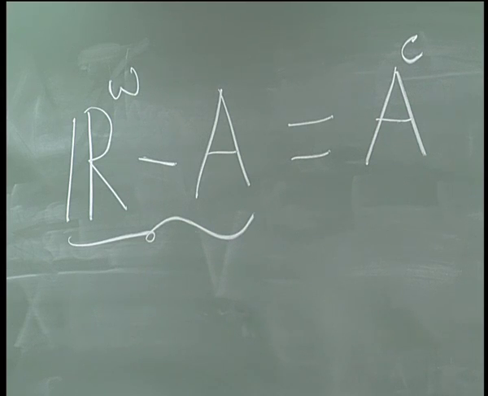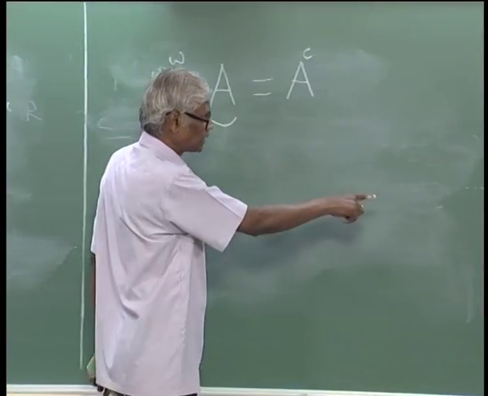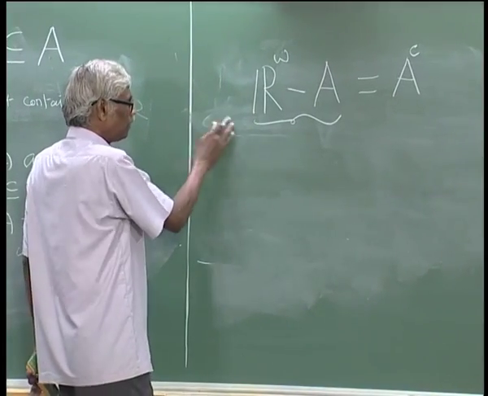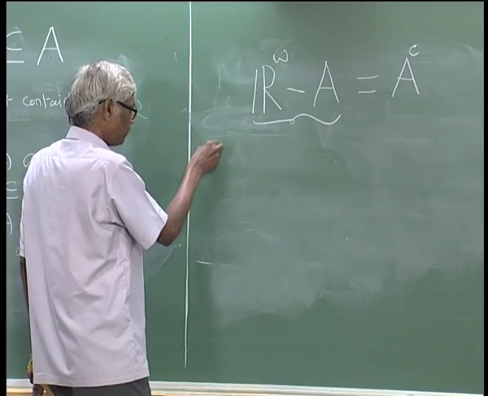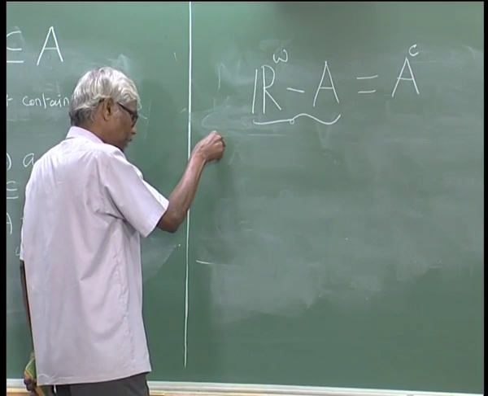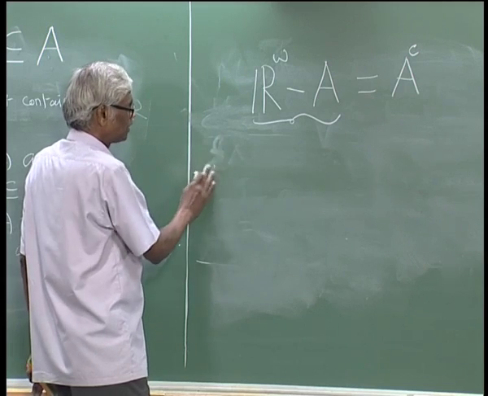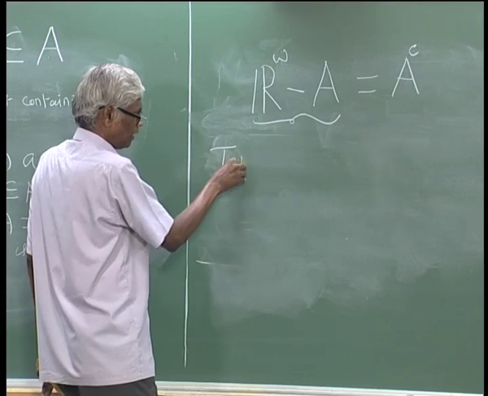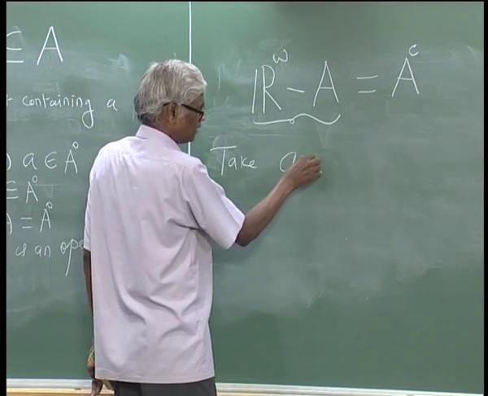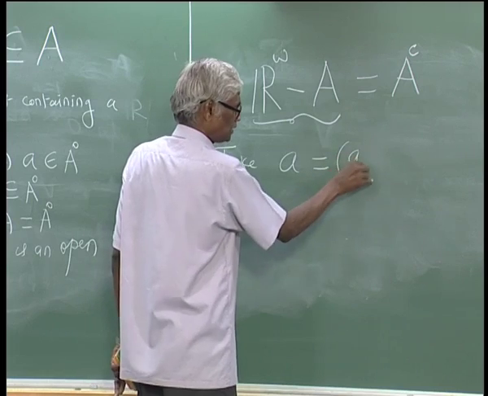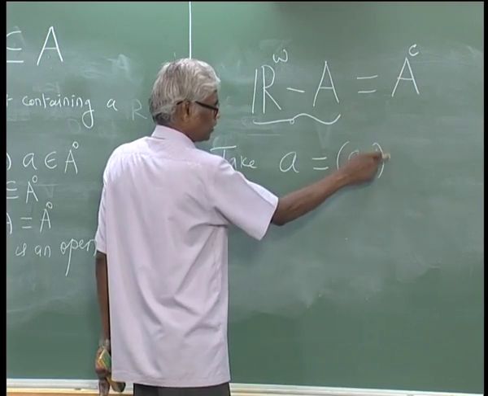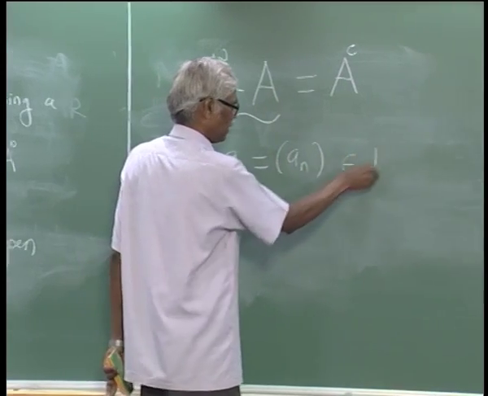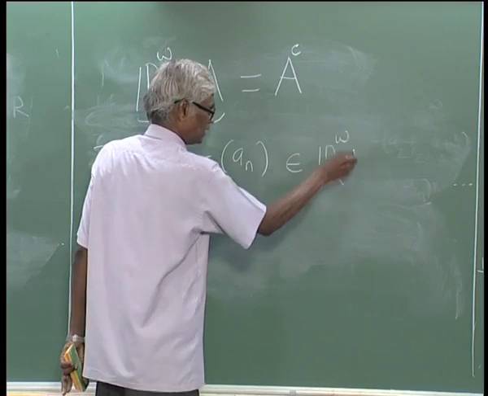See, in fact the idea is the same, consider the same neighborhood. Let us fix, again we will use the same notation. Take a sequence A = (a_n), n from 1 to infinity, which does not belong to the set A but belongs to the complement.